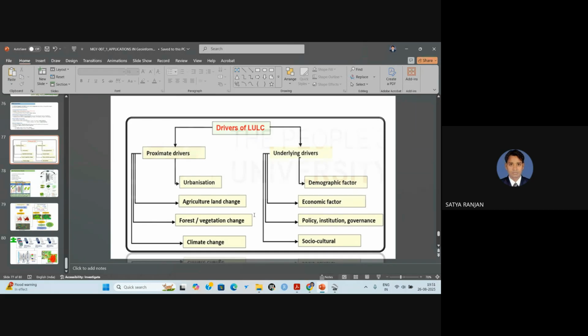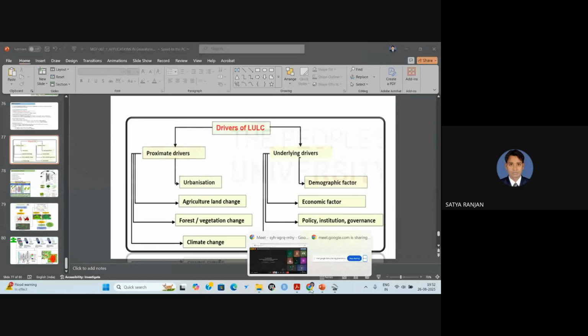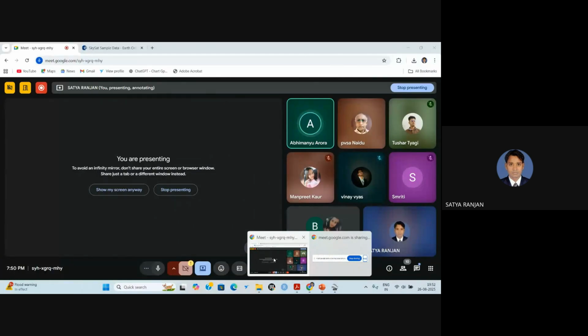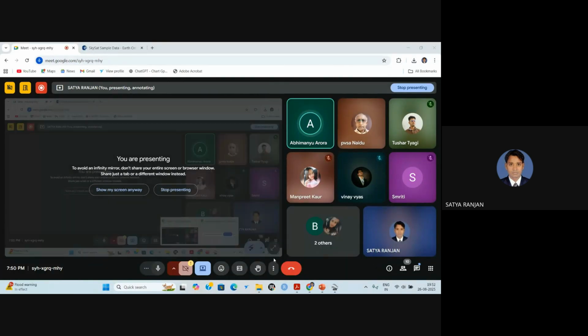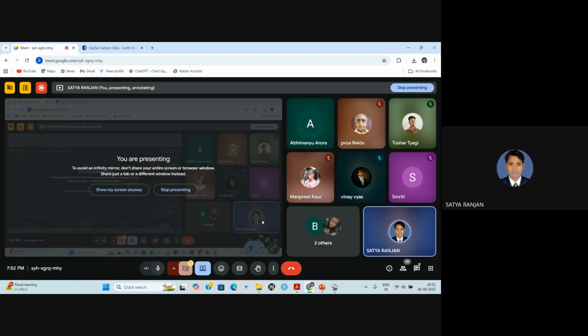Because high resolution data cannot be available freely, you can download this sample data and use different methods for classification of land use. Because in low resolution satellite images, the land use pattern cannot be distinguished easily. And in the last class, I will give you some links and show how to download satellite images.